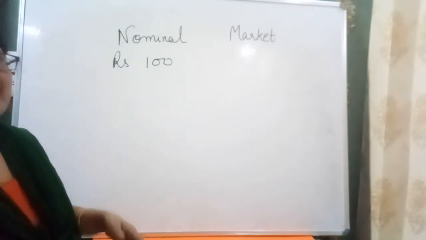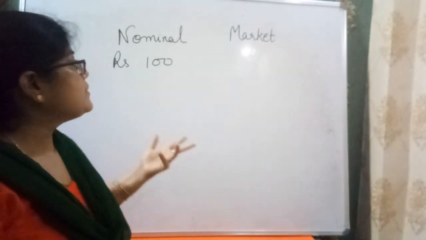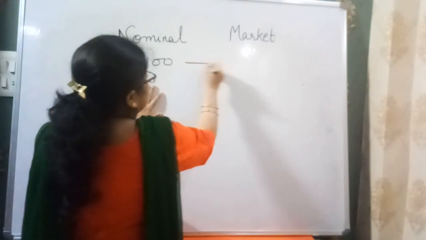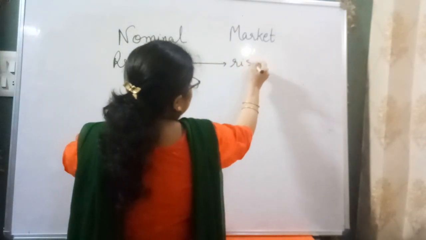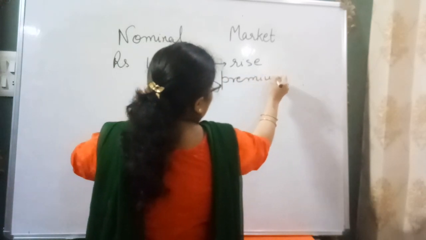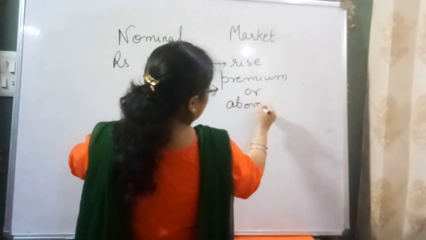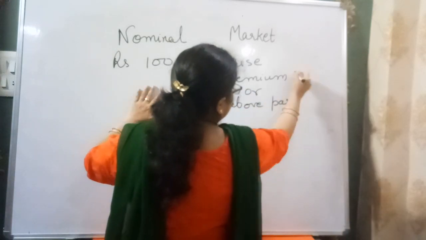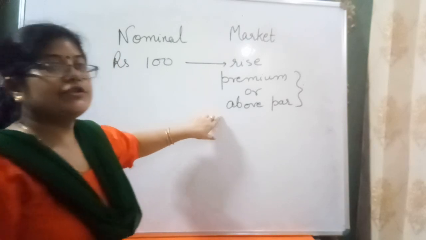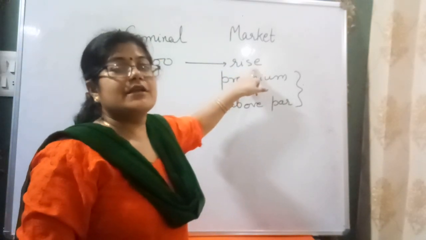Clear? But due to the reputation of the company's performance, its value gets higher, that means at premium or at above par. All the three words are written in your question. When these words are written in your question, it means that the price of the share has increased.